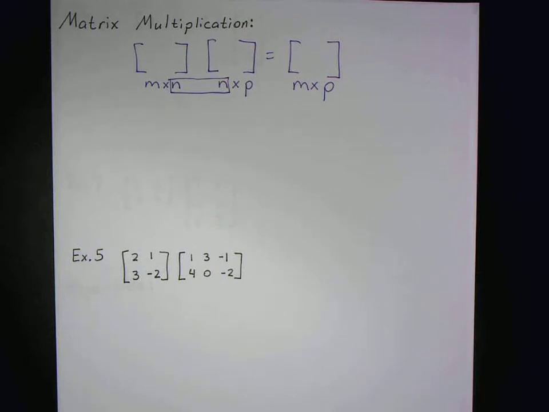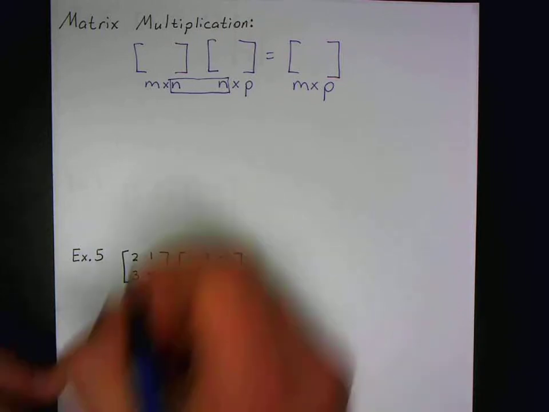So it'll be easier to see once we actually multiply. The biggest thing is your columns and rows have to match in order for this to happen. But again, I'll show you why whenever we actually do an example.